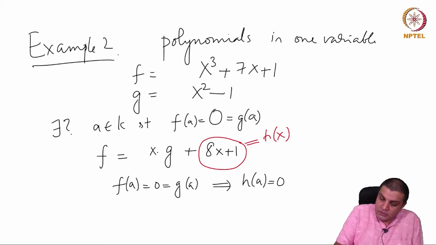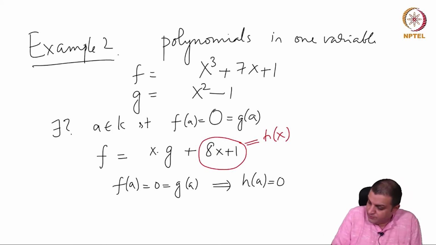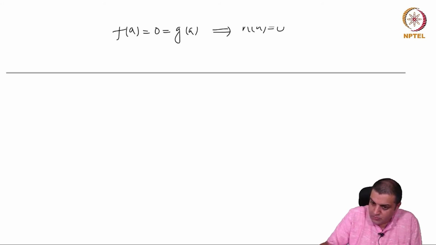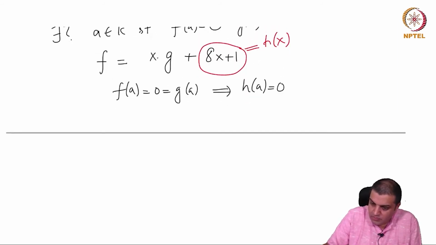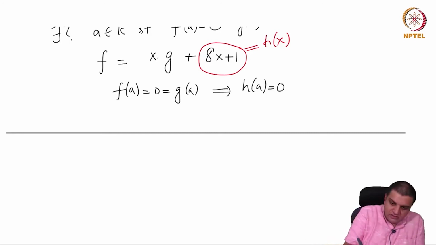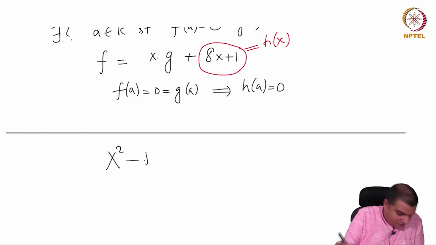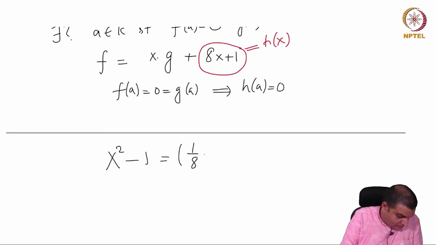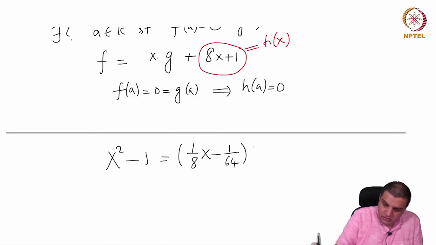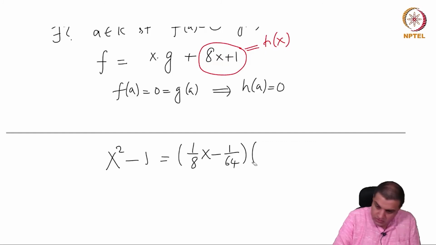Now we do the division between h and g. This is a little complicated expression, so let me just copy what I've already worked out: g equals (1/8 x minus 1/64) times h of x plus 1/64.